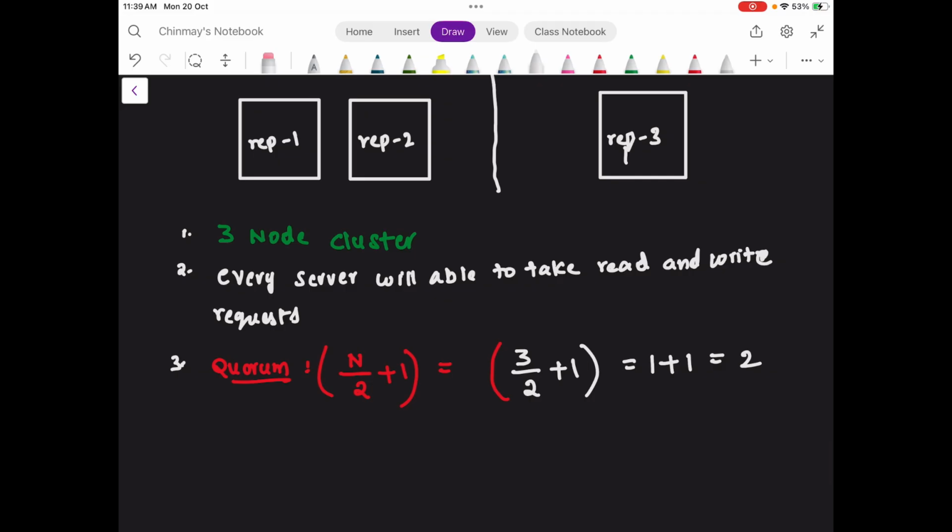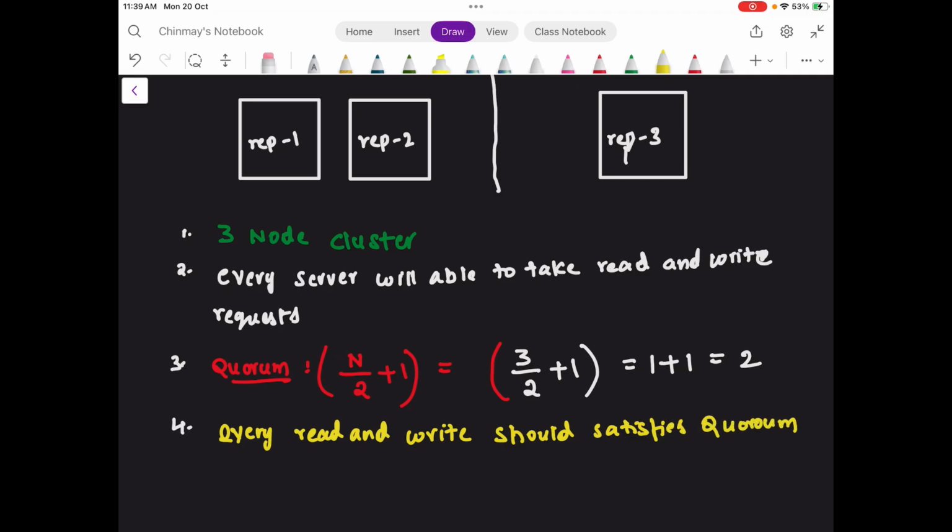That means every read and write request should satisfy the quorum level. These are the rules.